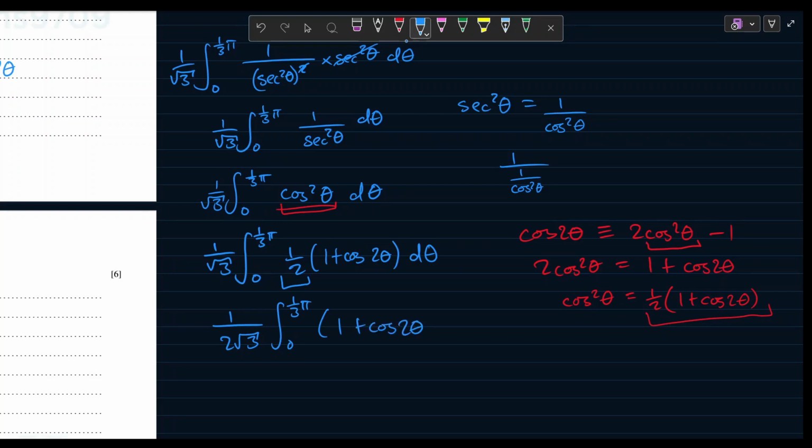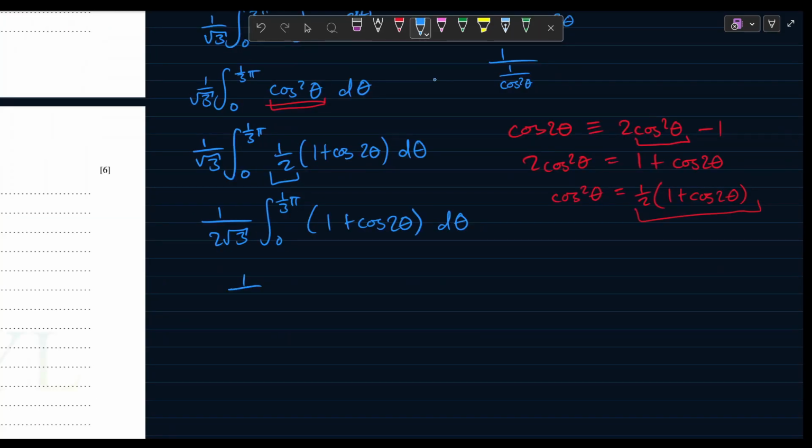And now we can go ahead and integrate. So that's 1 over 2 root 3, and if you integrate 1 with respect to theta, you get theta, plus if you integrate cos 2 theta, you're going to get sine 2 theta. Differentiate the 2 theta, you get a 2, and so that means we have to divide by 2.